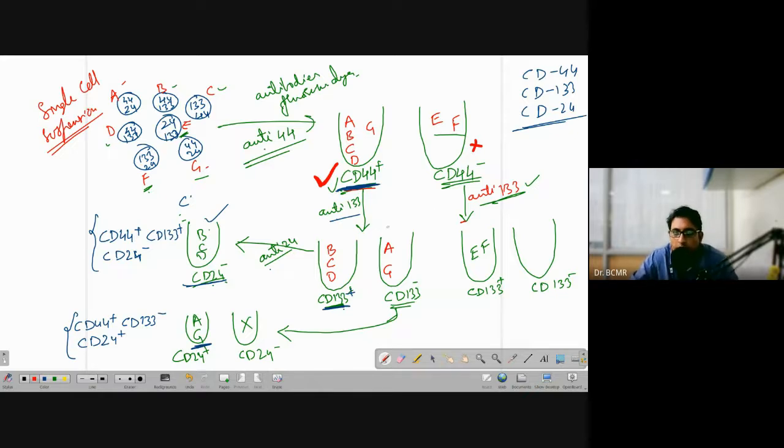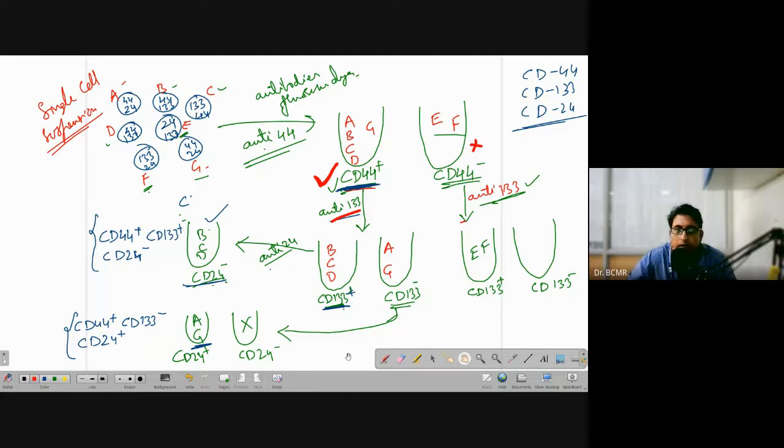Then they are going to sort based on CD133, by using anti-133 antibodies. We get a population expressing CD133 and a population not expressing CD133. Again, they would have checked which of these two is causing tumors.